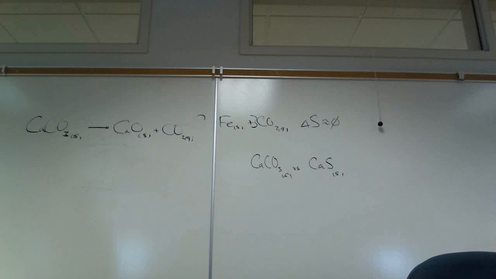I forgot. But that's to make it completely spontaneous. You could just kind of push it along. And there are other things you can do. It's not 100%. Endothermic. Non-spontaneous at room temperature.